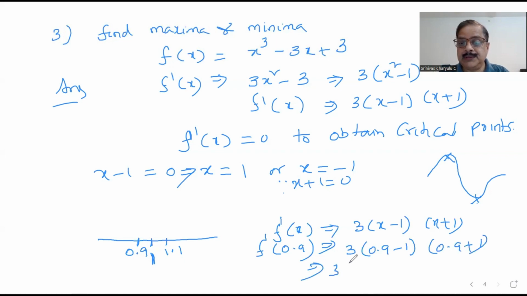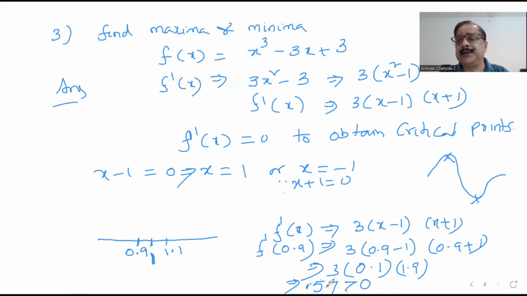This will become 3 into 0.1 into 1.9. 0.1 into 1.9 gives 0.19, into 3 is 0.57, greater than 0.